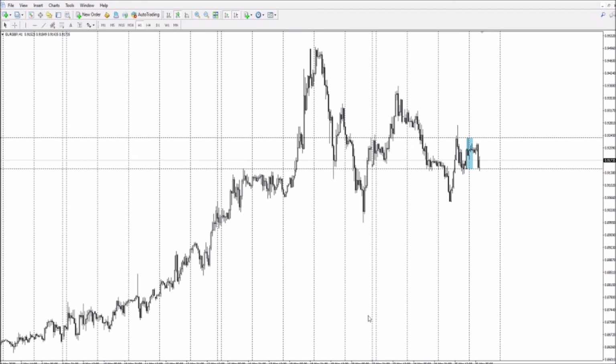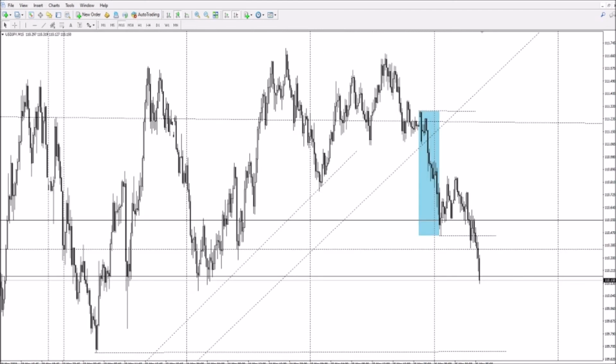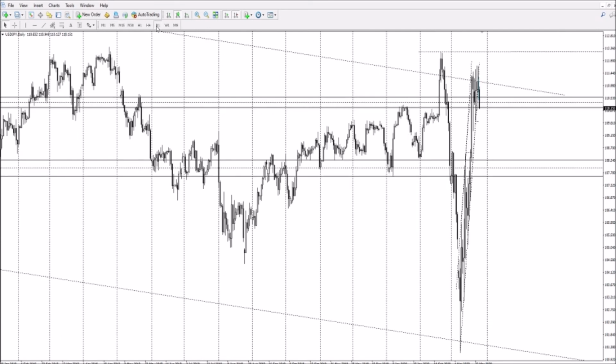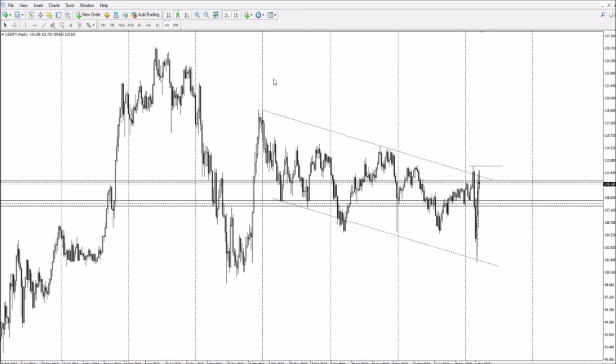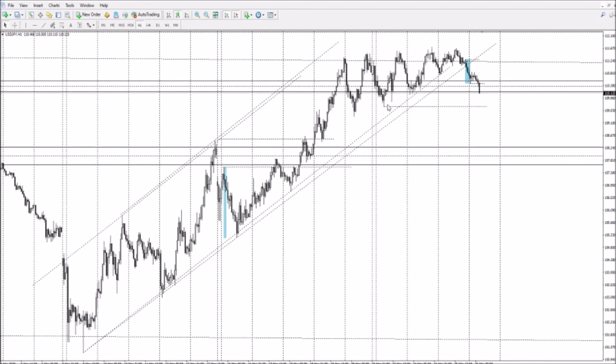We can go over dollar yen. I think that's the last that I will look at. Weekly time frame, this channel, and this is where we're getting the reaction off again. If we go down into the H1, this is Monday's level here.